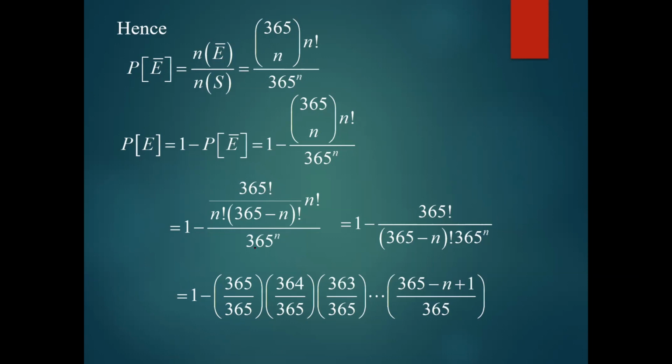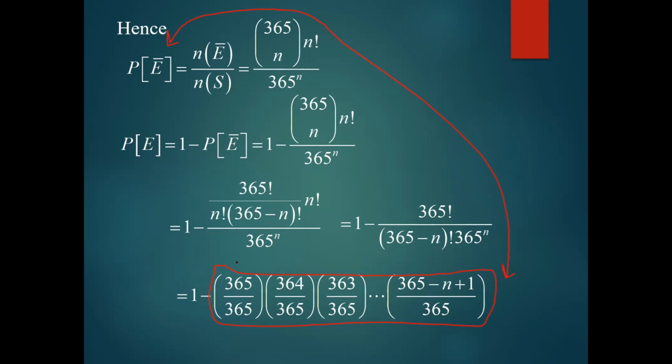So if you expand that, you will get this. This is actually the same. If you expand or solve this part, the idea is first you assign one date, which is 365 over 365.